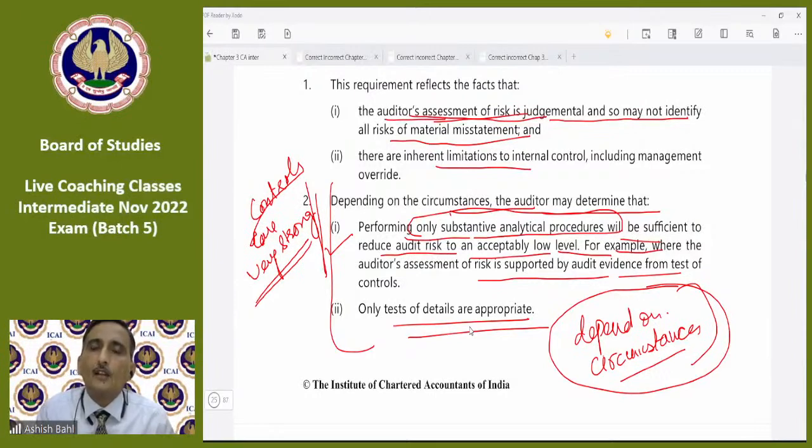Say the management has created a system of checks and balances, a system of controls, but some of the key persons, or those charged with governance, might themselves be involved in subverting those controls, in not following the rules. That is what we mean by management override.